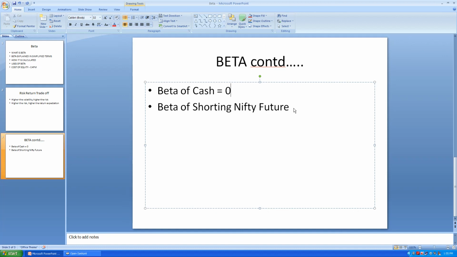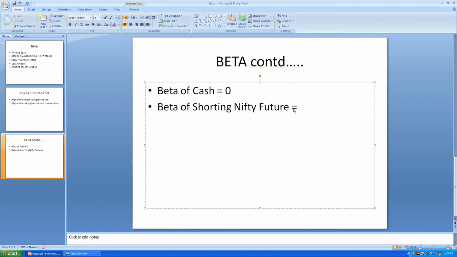Now, what is the beta of a portfolio in which I have only one security, where I have shorted the Nifty? So what would be the beta of a short position in Nifty futures?